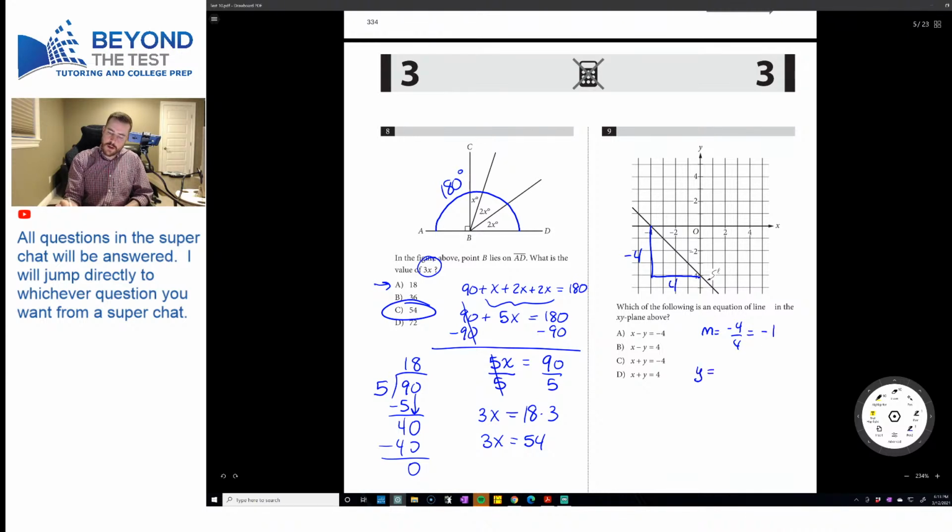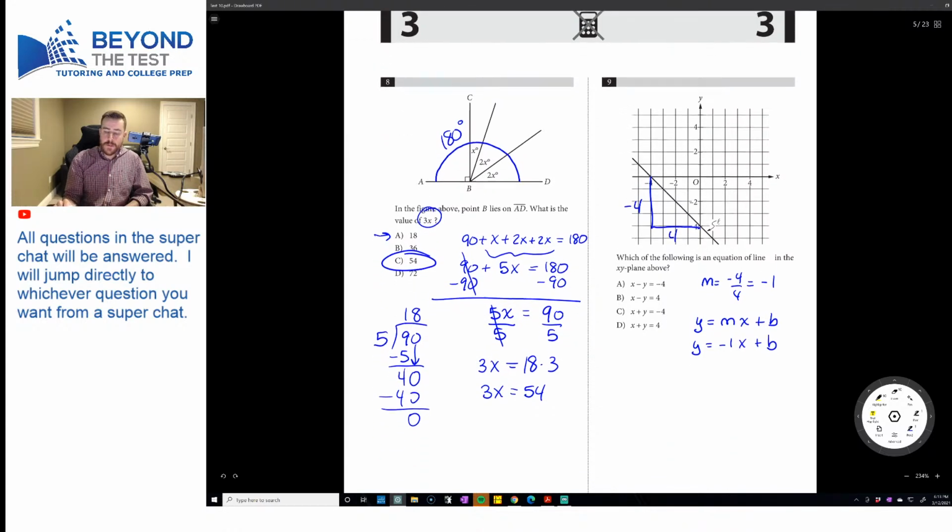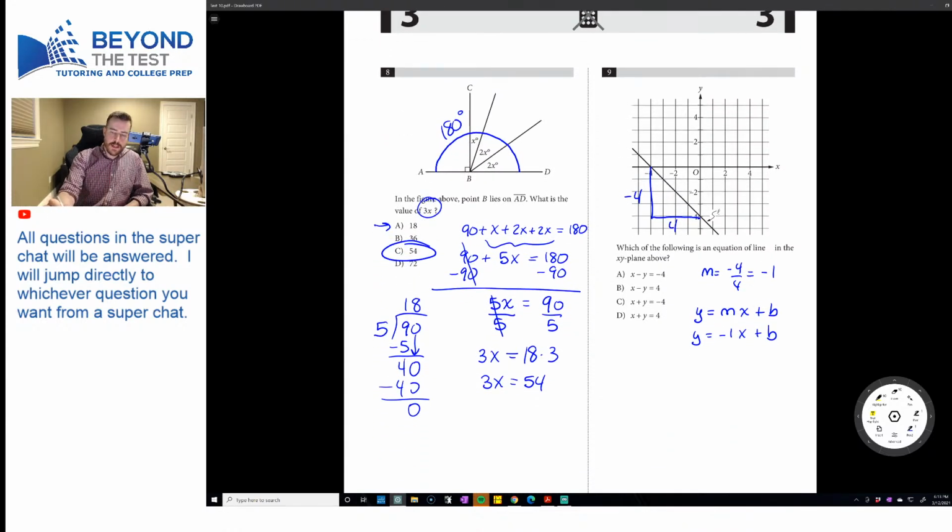So I know my equation starts off as y equals mx plus b. We just found the m value, so that'd be -1x plus b. And we know what the y-intercept is, because that's when x is 0. So x is at 0 at -4. So I know my b value here is -4. So my equation is y equals -1x minus 4, or -x minus 4.